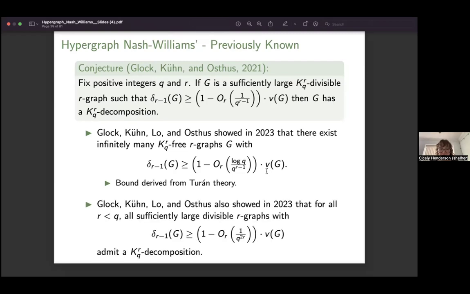And in 2023, Glock, Kühn, and Osthus also showed that for all R less than Q, all sufficiently large divisible R graphs with minimum R minus 1 degree at most this number admit a KQR decomposition. And I'll highlight that there's quite a big gap between these two bounds, right? Between the upper and the lower bound. So there was a lot of fertile ground to play with here.